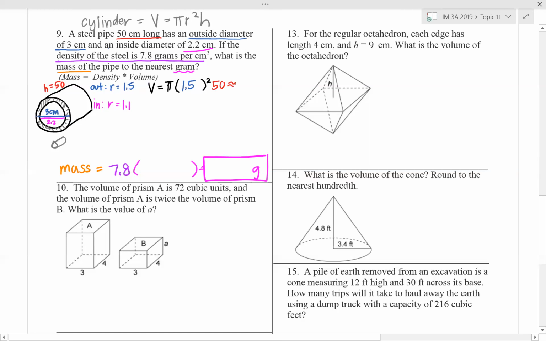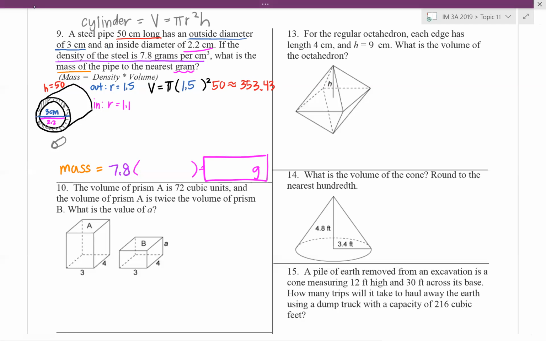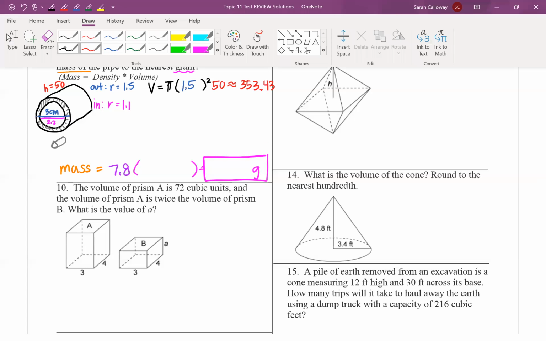And so if we type that into our calculators, that gives us about 353.43. And then we want to do the same thing with the inside cylinder.